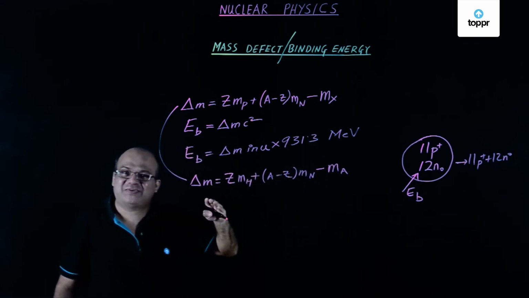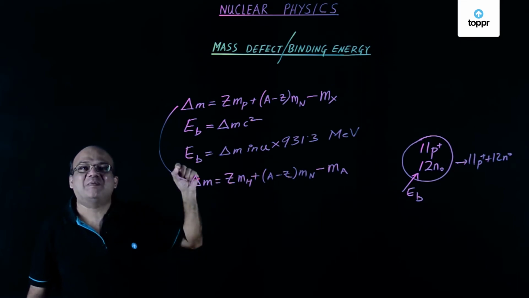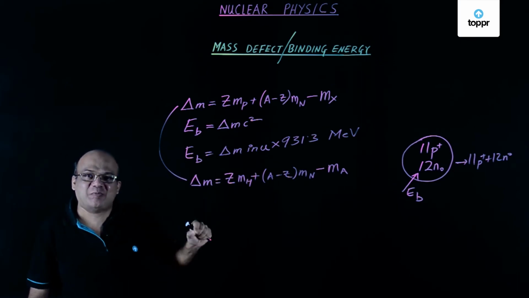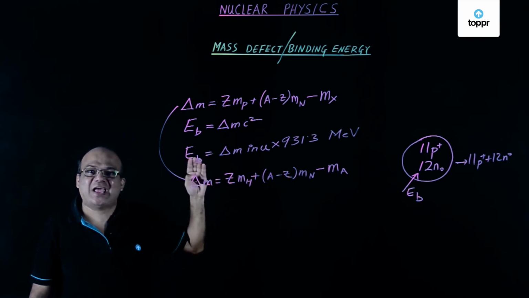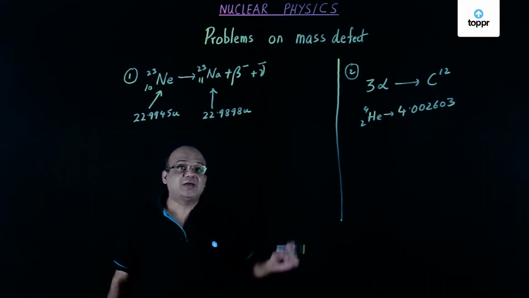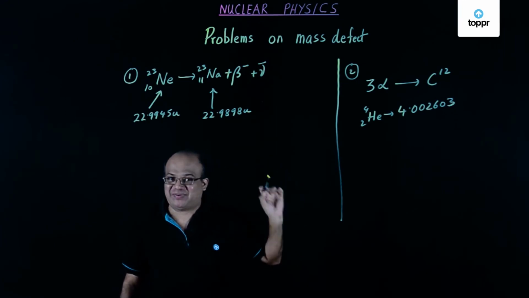So this is mass defect. And the mass defect in AMU or U, you multiply by 931.5 and you get the binding energy in MeV. Now we'll solve two problems on mass defect.